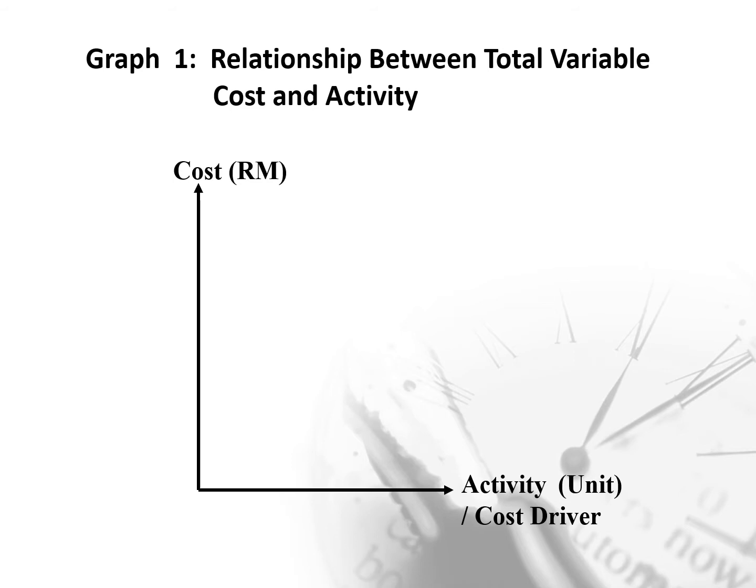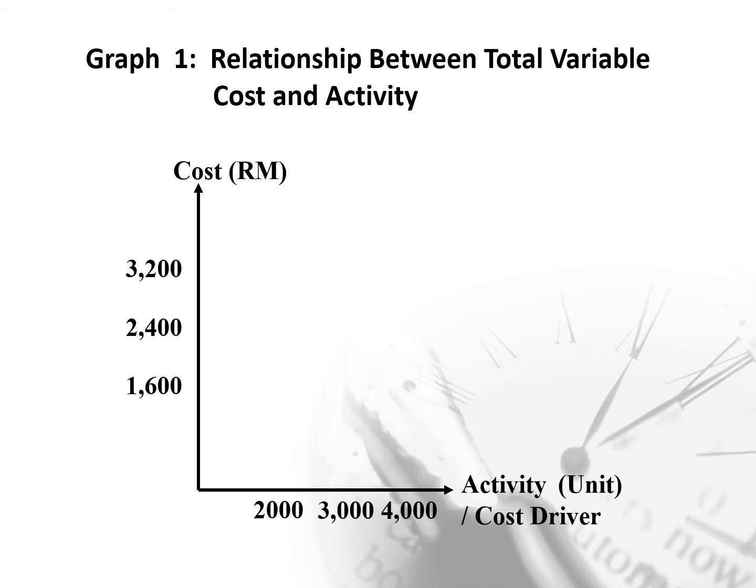Based on the previous questions, for production unit 2000, the cost is 1600. For production unit 3000, the cost is 2400. And for production unit 4000, the cost is 3200.